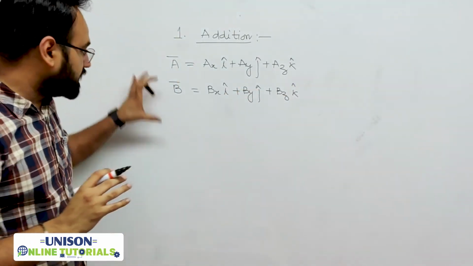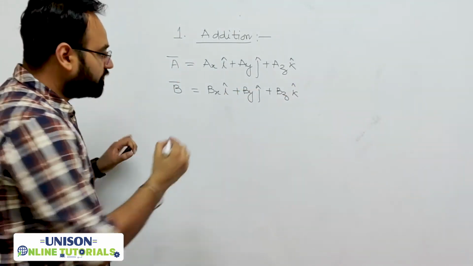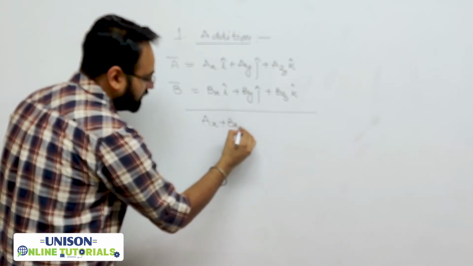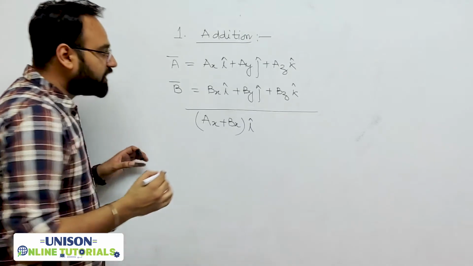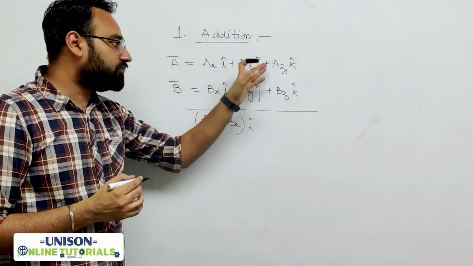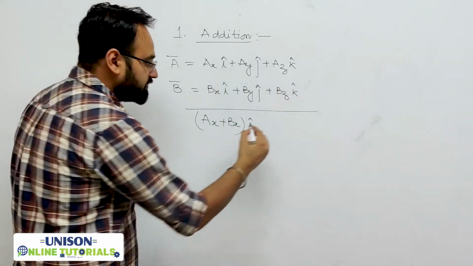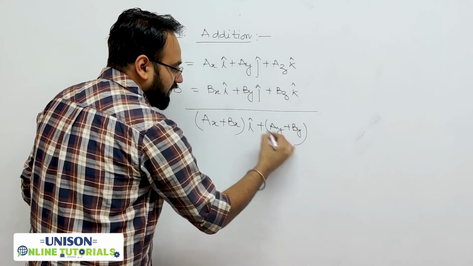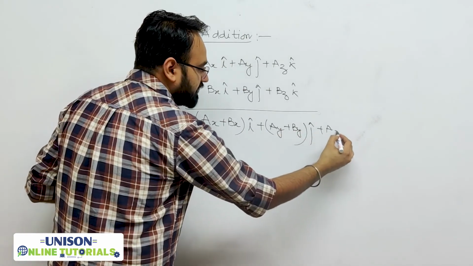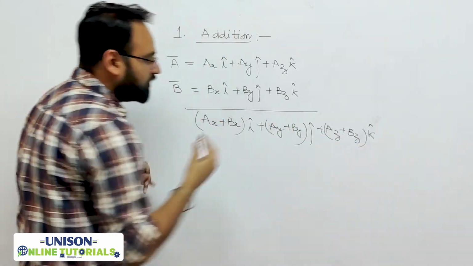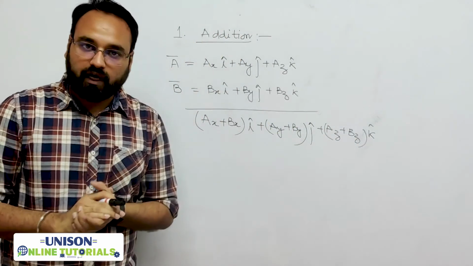Then in that case the sum of these two vectors will be given as Ax plus Bx i cap. Simply, we have to add the x components, add the y components, and add the z components like this: Ay plus By j cap plus Az plus Bz k cap. This is how we add these vectors.